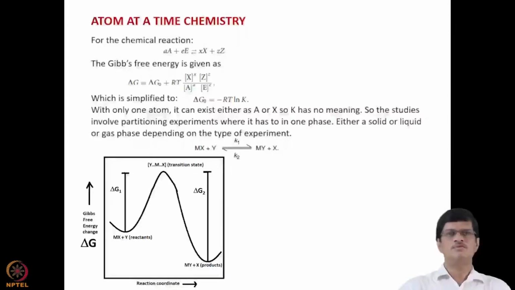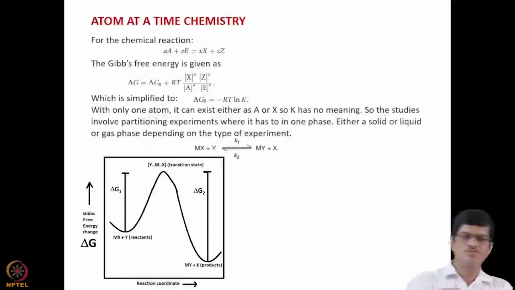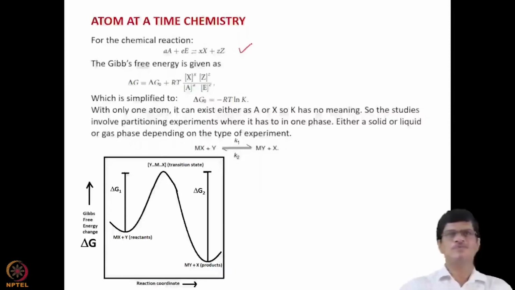This becomes very vague if you have only one atom, because when you are carrying out a chemical reaction, we know this chemical equilibrium given here, that is A and E reacting to give X and Z. So the reactants are A and E: a atoms of A and e atoms of E react to give x atoms of X and z atoms of Z as the products.